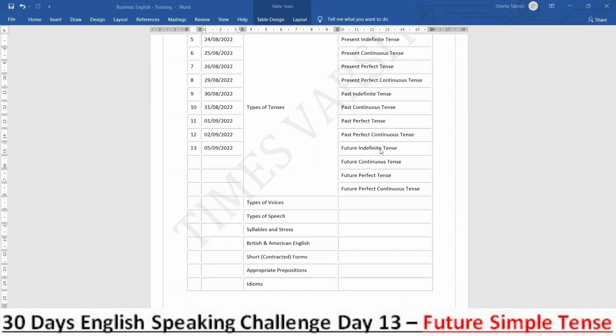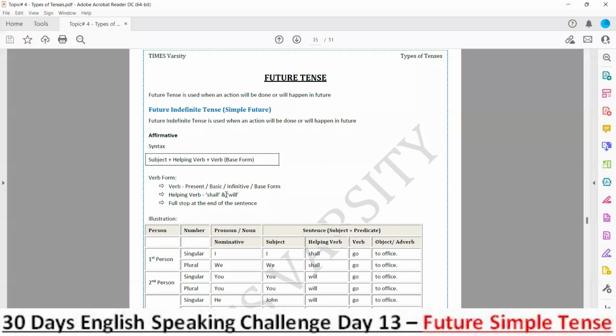In this session, we will discuss future indefinite tense. So from today, we will be starting future tense. This is the agenda of today's session. Future tense is used when an action will be done or will happen in future.